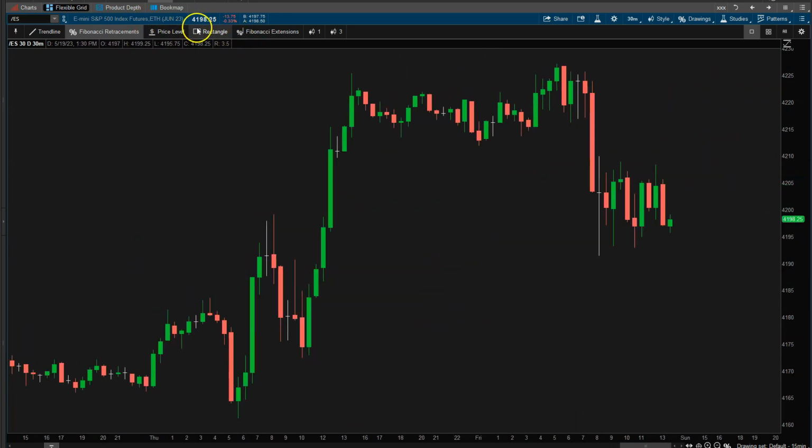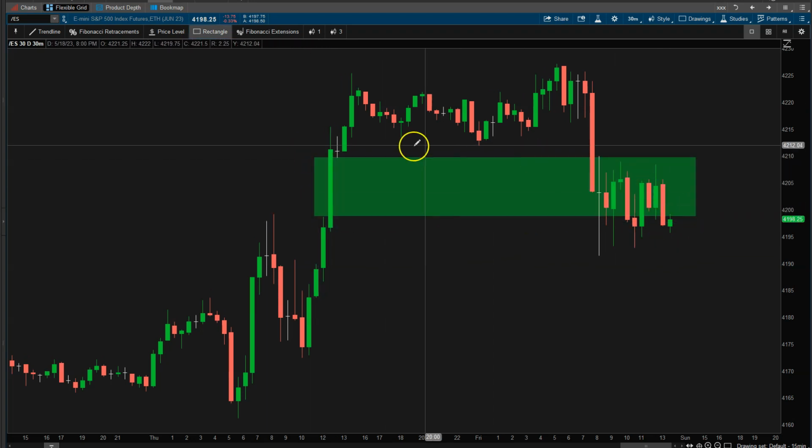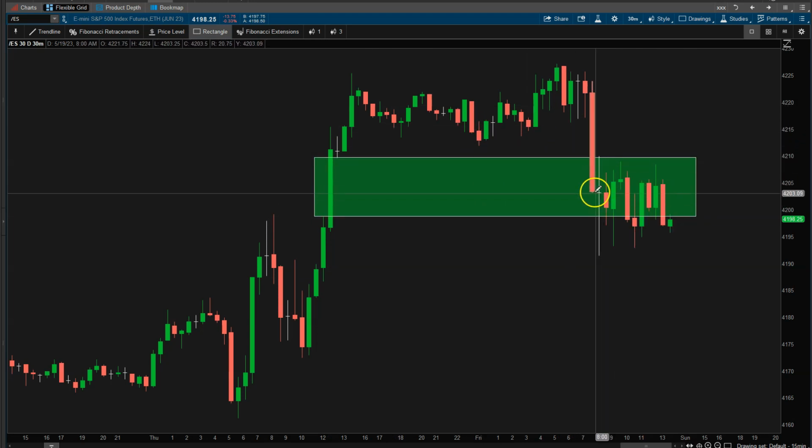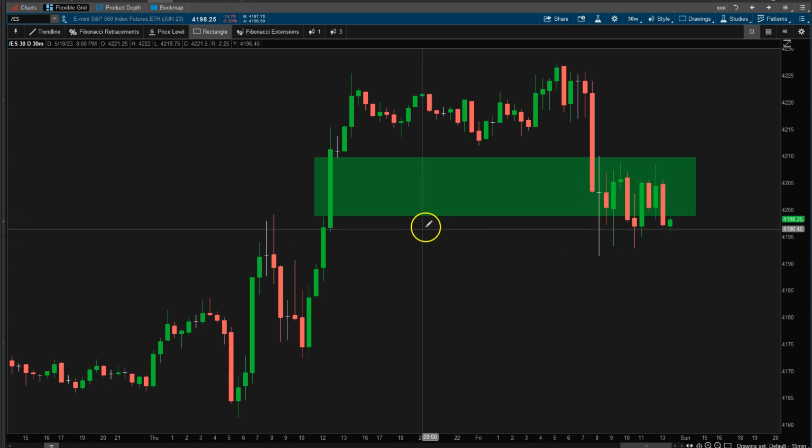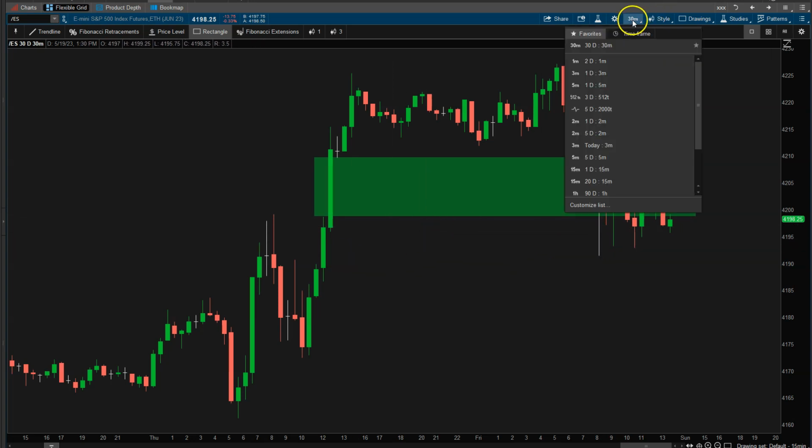But let's take a look at an example of some of these fair value gaps. So here's one right here. Okay, you have a fair value gap here. Price comes back down, right? And yes, it blows through, but we're on the 30-minute.